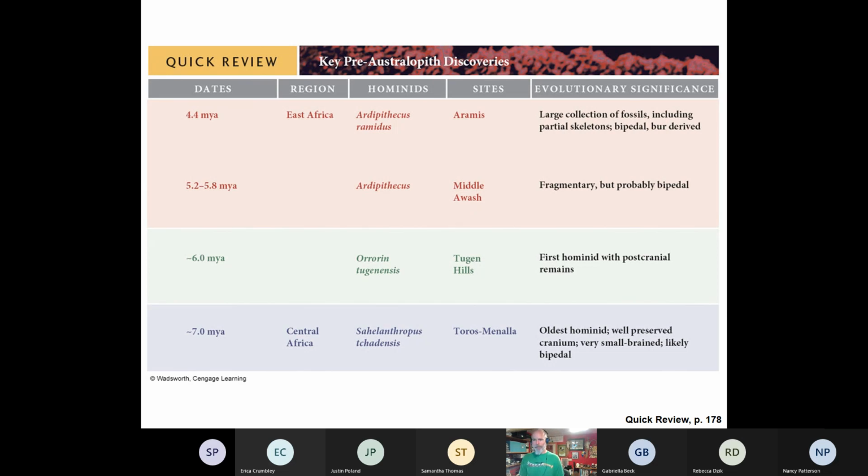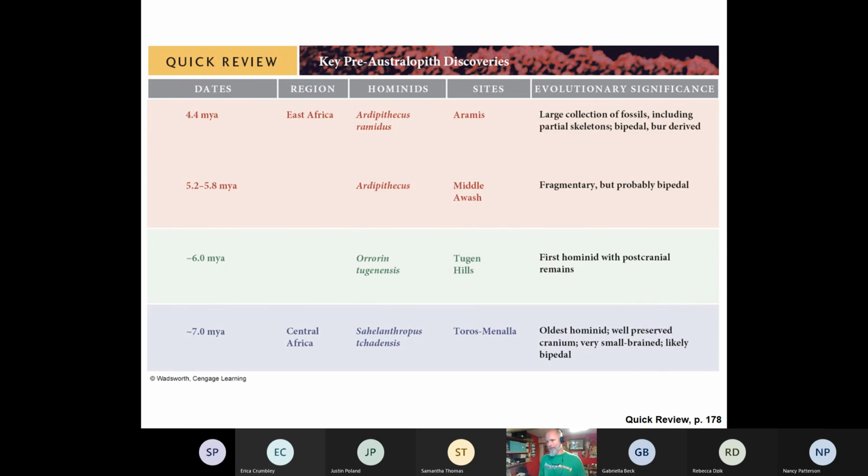Orrorin is at 6 million years ago. And these are all, of course, just buried, give or take, hundreds of thousands of years. But somewhere around 6.5. I've actually heard Sahelanthropus as being somewhere around 6 to 7 million years ago. So we're talking about give or take a million years there almost. But that's vast deep time that we're talking about.